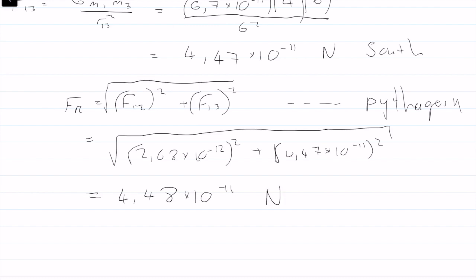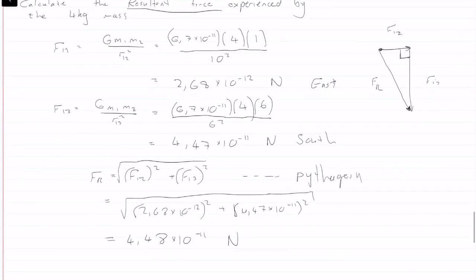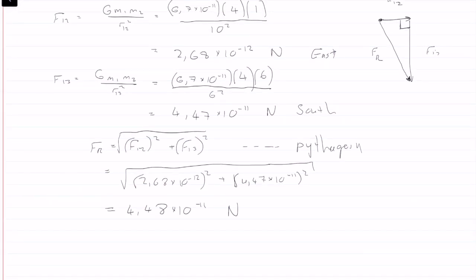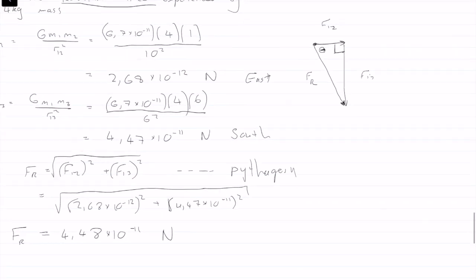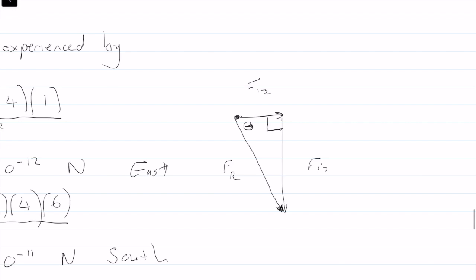Now the question is, what is my direction? I'm going to define this as my angle theta. Remember, force has always got to go with a direction. Looking at this, some basic maths would tell me that tan theta is opposite over adjacent.